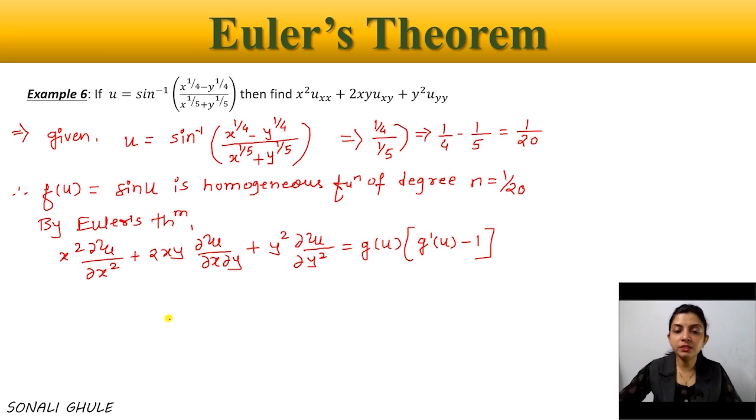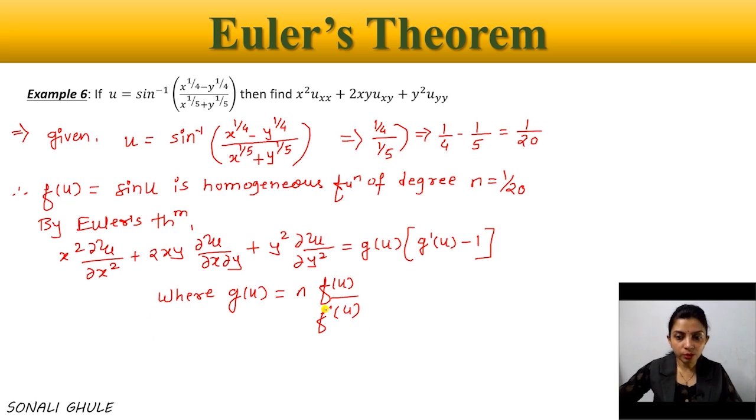Okay. What is the g of u here? Where g of u is equal to n into f of u upon f dash of u.